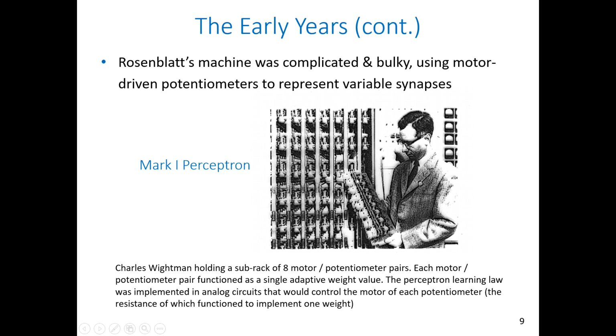This is a sub-rack of motor potentiometers. Each motor potentiometer pair functioned as a single adaptive weight value. The perceptron learning law was implemented in analog circuits that would control the motor of each potentiometer, the resistance of which functioned to implement one weight. So they came up with a learning rule or learning law to automatically adjust the weights of the neural network. So in order to adjust it automatically, they have to use a potentiometer driven by motors.